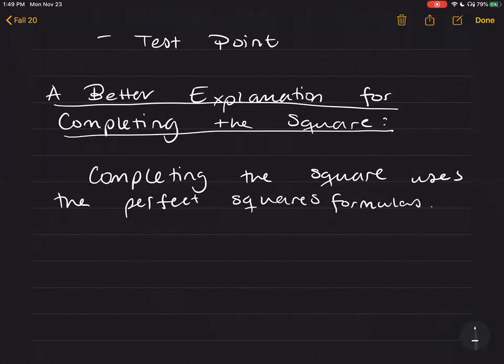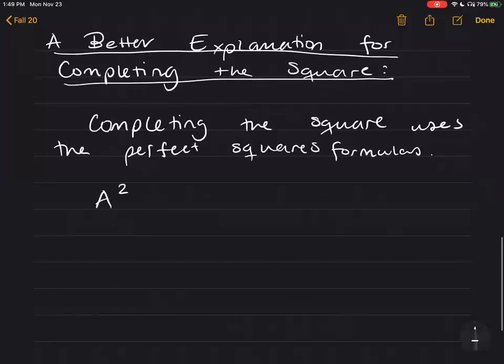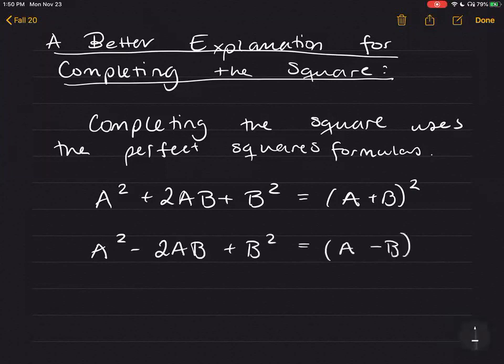This is the key thing to remember: when we're completing the square, we're putting part of this parabola in a perfect square format, and we want to use the perfect squares formulas to change it. If you remember, the perfect squares formulas were a squared plus 2ab plus b squared equals a plus b all squared. And similarly, a squared minus 2ab plus b squared is going to be a minus b all squared.